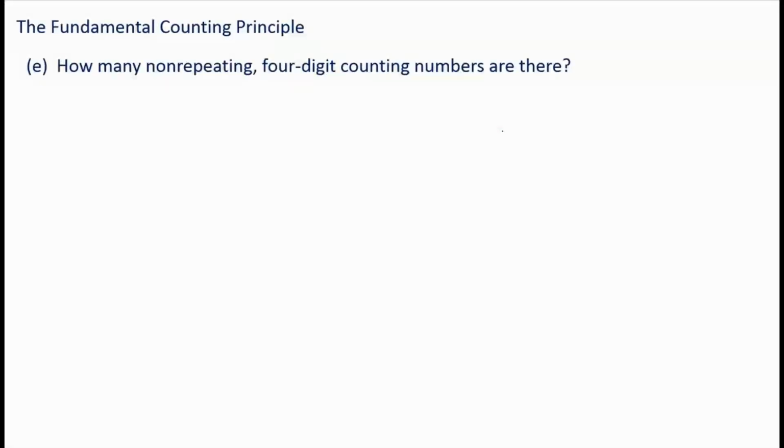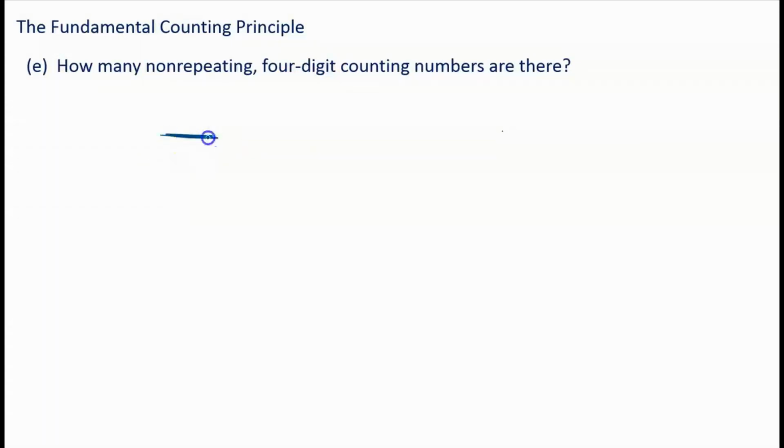So for example, E, I want to know how many non-repeating, very important, non-repeating, 4-digit counting numbers are there. So we're talking about counting numbers, which means the number can't start with 0. Non-repeating means if we use a number, we can't use it again. And of course, 4 digits tells us really how many tasks we have, right?